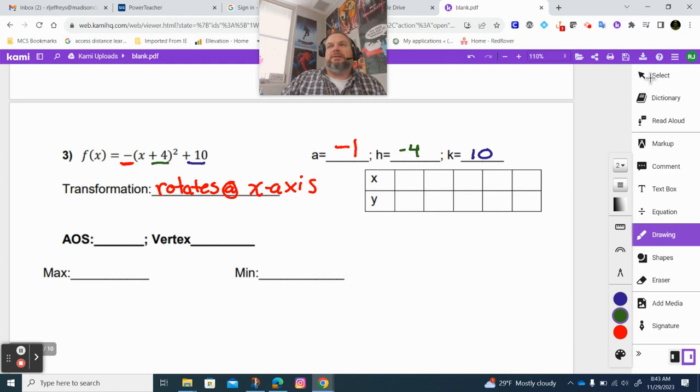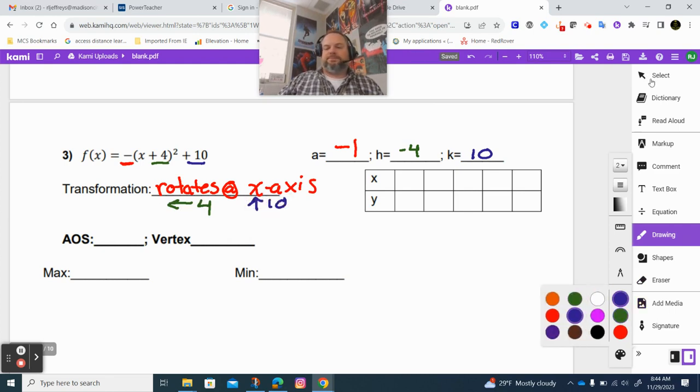Negative. All right, this goes left 4, up 10. So x equals -4.